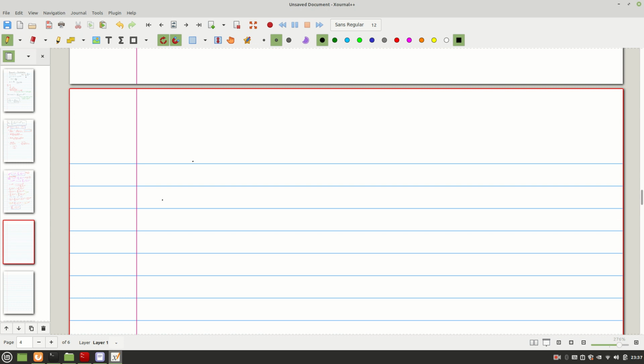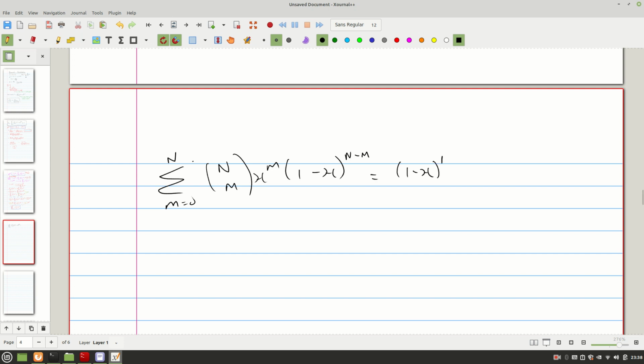And to do that, we come back to the summation from m equals 0 until n of n choose m, mu to the m, times 1 minus mu to the n minus m. Right, by 1 minus mu to the n minus m, this is equal to 1 minus mu to the n times the summation from m equals 0 until n of n choose m times mu to the m times 1 over 1 minus mu to the m.